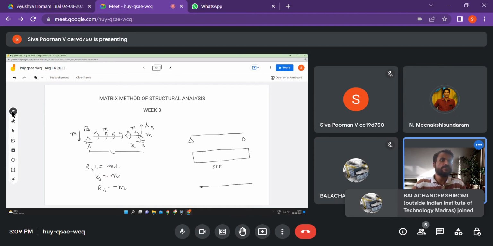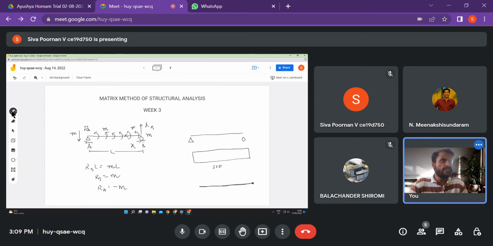So it will be 0, which means that independent of which point I take, bending moment is going to be 0. BMD. Did you expect it? Okay. What will be the deflected shape for this beam? What do you think will be the deflected shape along the span?